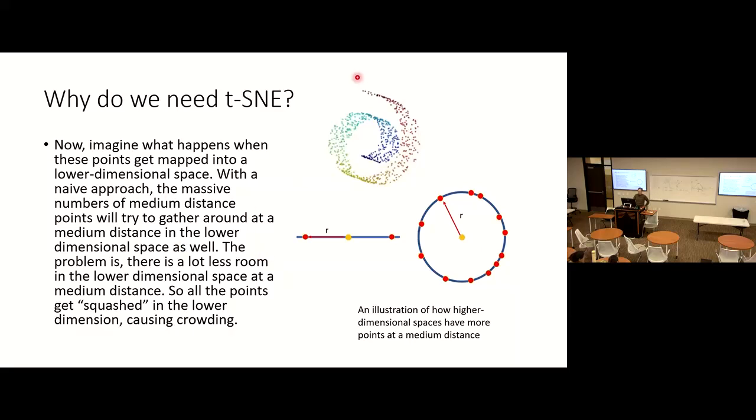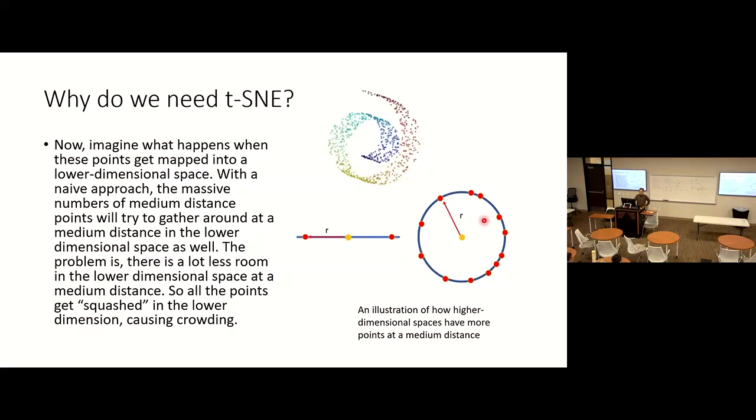So why do we need a T distribution? Because in t-SNE, if you have a nonlinear relationship among data points and you simply project this, using PCA, a lot of those directly projected distances will not allow you to separate the points, okay?